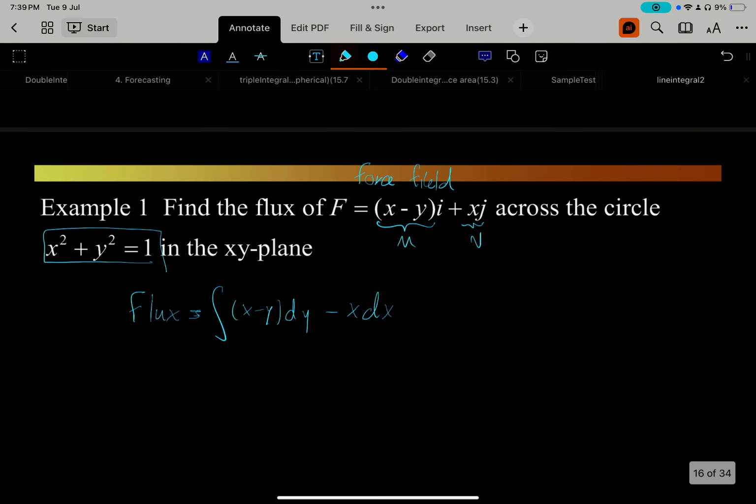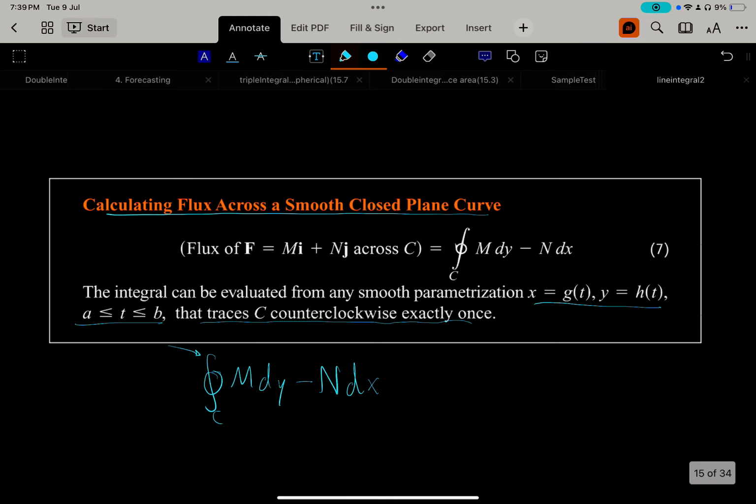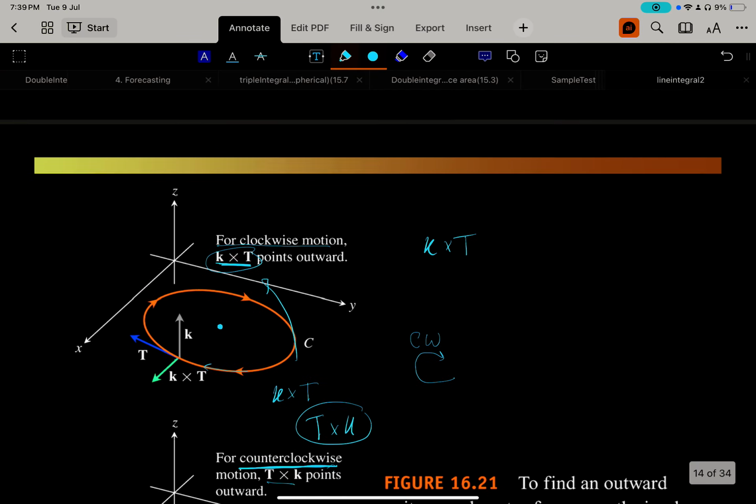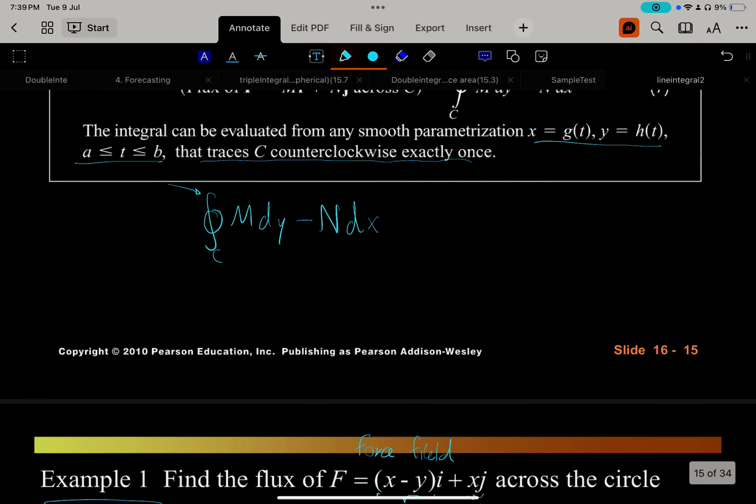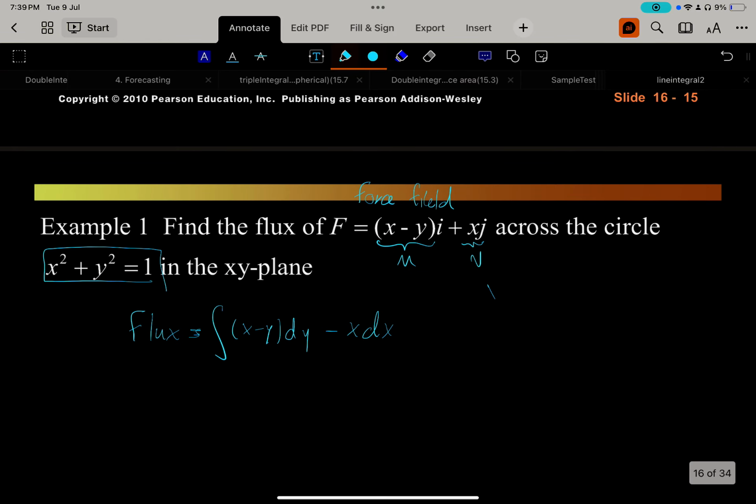Do we have a function of t? We don't have a function of t. Now we could make a function of t out of this, which is basically x equals cosine of t, y equals sine of t, dx equals minus sine of t dt, and dy equals cosine of t dt. Now here we just substitute the values.